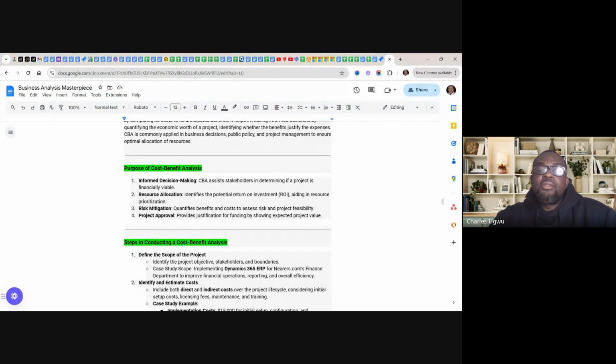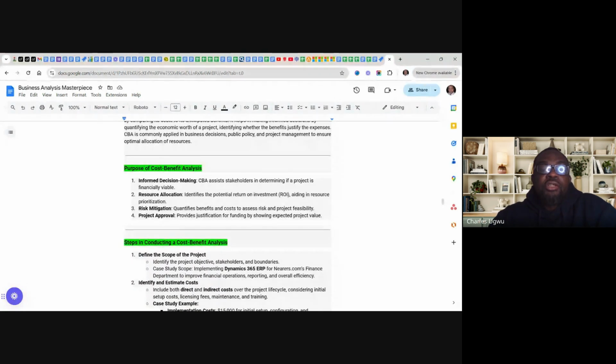Even this boot camp, some of you must have done the cost-benefit analysis of it, and before you dived in, you saw the potential benefits. At times we do cost-benefit analysis a lot, but we don't even know what we are doing. After this, you know that what you are doing is called cost-benefit analysis.